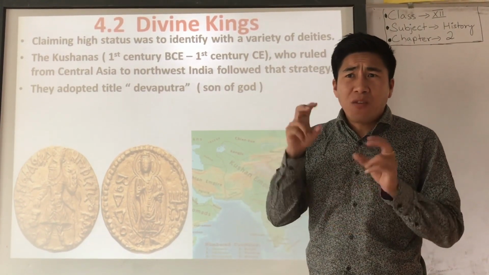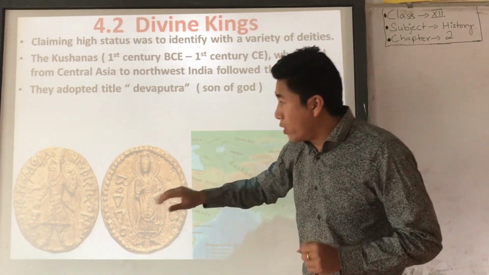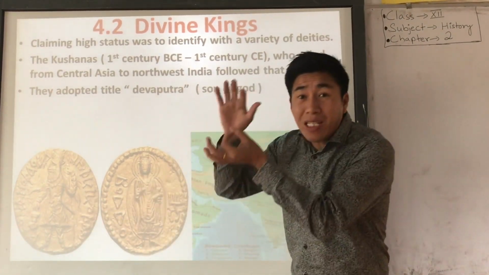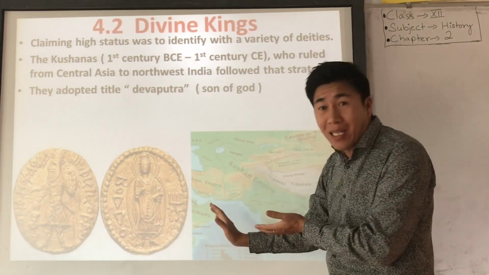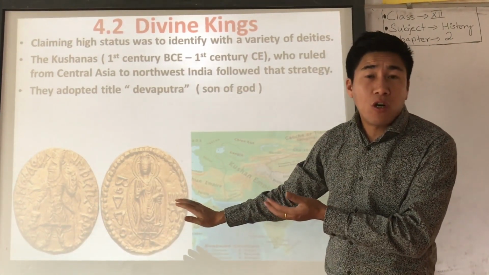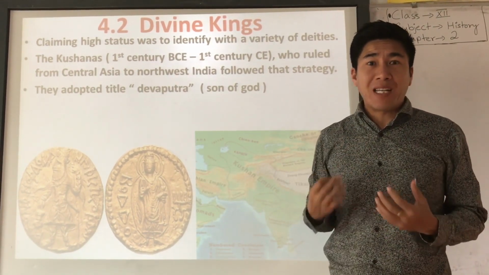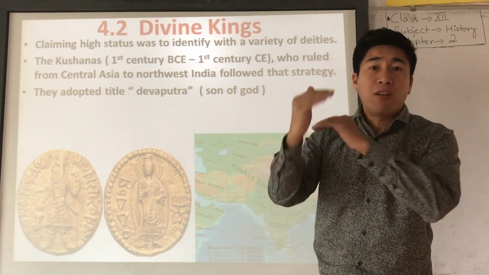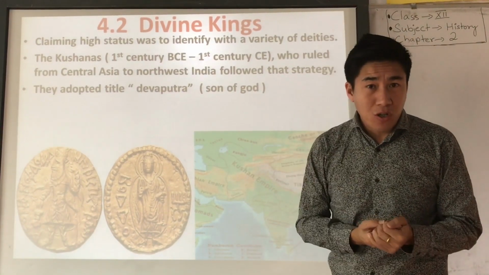In history, the first gold coin in India was introduced by the Kushanas. On one side of the gold coin, the image of the king was there, and on the other side is the image of a god or goddess. That clearly shows that they tried to identify themselves at the equal level of God. Understood? So that's why they called themselves the son of God.